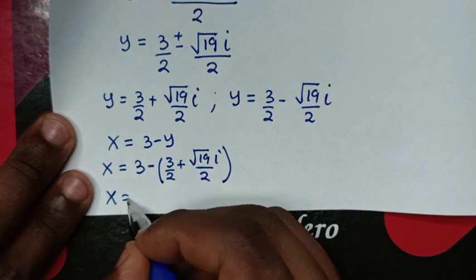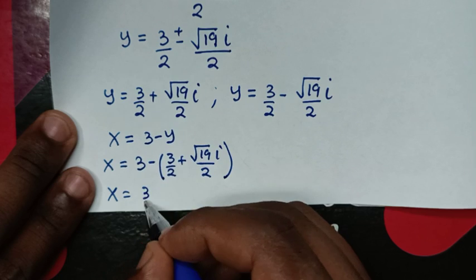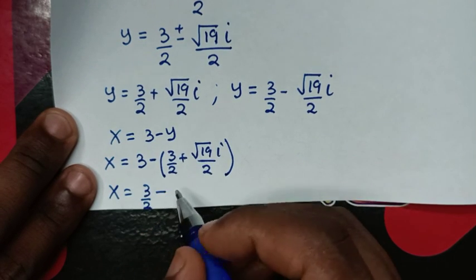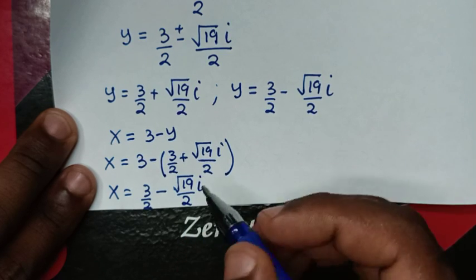Then x is equal to 3 minus 3 over 2, which is 3 over 2, and then negative square root of 19 over 2 i.